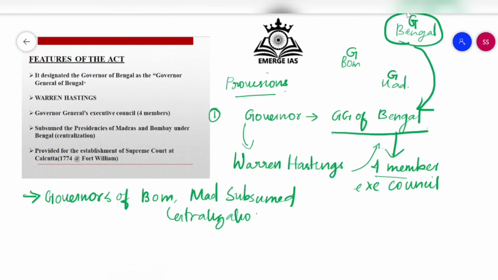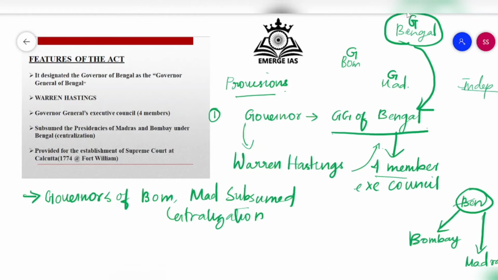So now Bengal is the central government, and the administrative power was all vested with the Governor-General of Bengal, and the Madras and Bombay presidencies were completely subsumed under Bengal. Before that, all three of them were independent presidencies, and now Bengal became a central authority, with Bombay and Madras subsumed under Bengal. And this was the first step towards centralization in India.